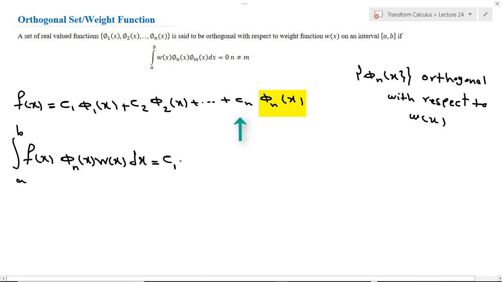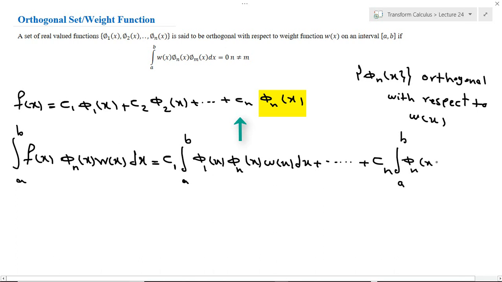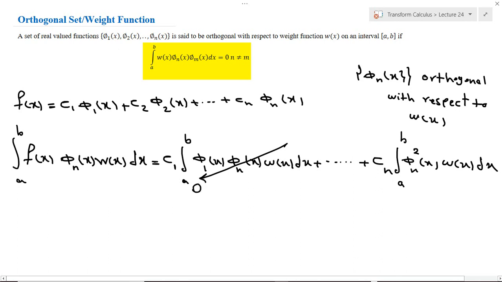For the right-hand side, we have c1 times the integral from a to b of phi 1(x) phi n(x) w(x) dx, plus c2 plus c3 and so on, plus cn times the integral from a to b of phi n(x) times phi n(x), which is phi n squared, w(x) dx. Because this set of functions is orthogonal with respect to the weight function, this integral is equal to 0. For c2 again it is equal to 0, and we end up with cn.